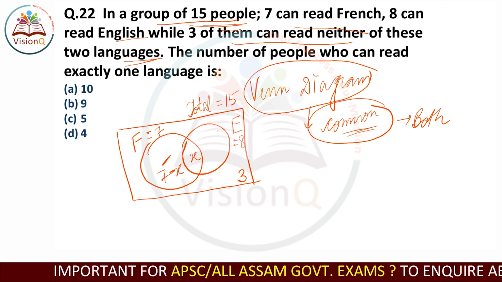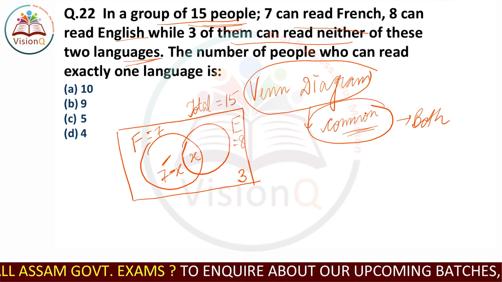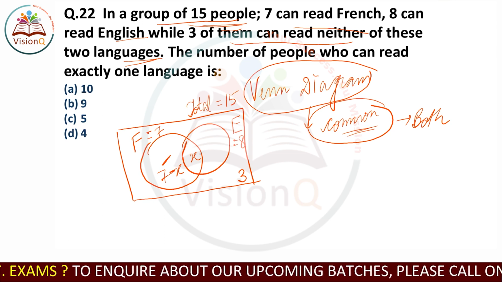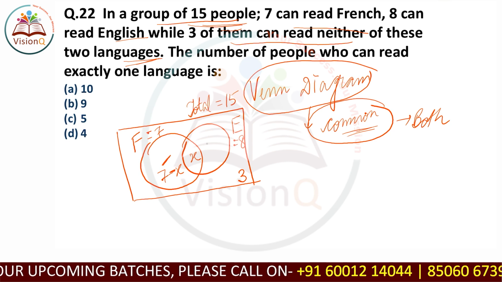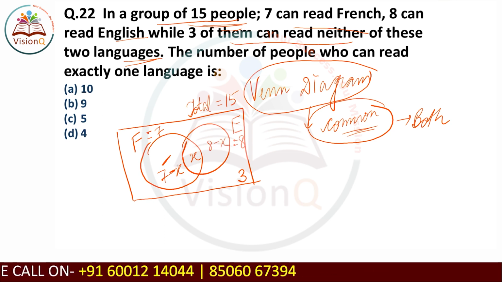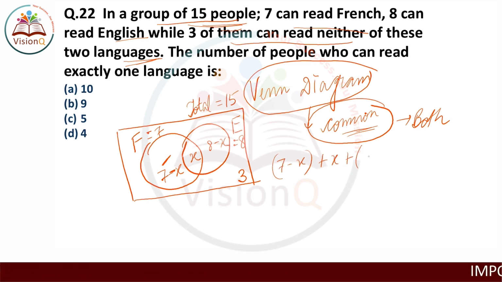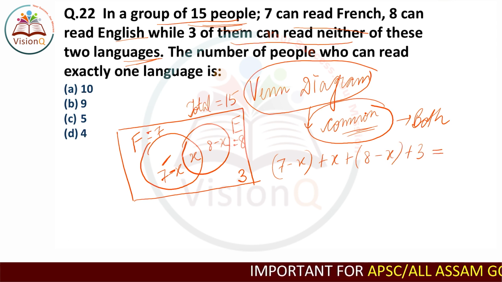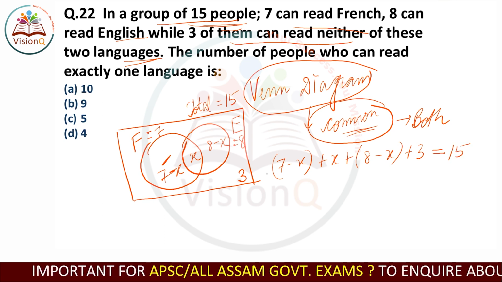Next, total people who can read English is 8. And out of this, x people can read both languages. So the number of people who can read only English will be 8 minus x. Now if I add all these values, 7 minus x plus x plus 8 minus x plus 3, I will get the total number of people, which is 15, from this Venn diagram.